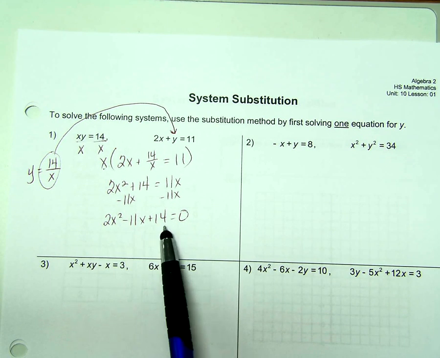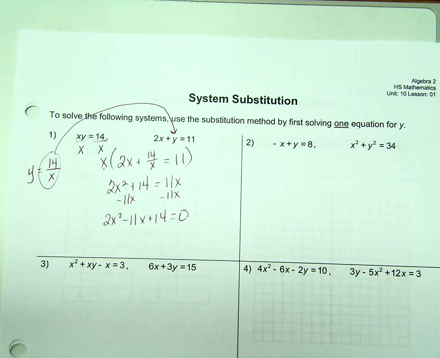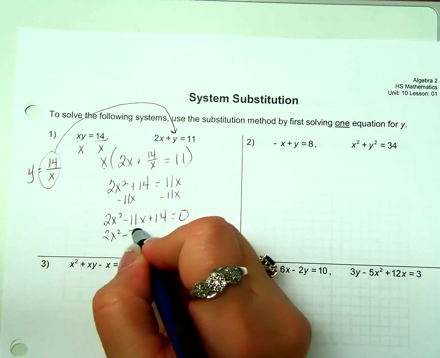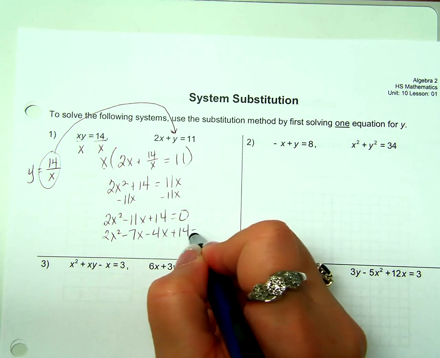What's 2 times 14? 28. Is there two numbers that multiply to be 28 and add to be negative 11? Negative 7 and negative 4. That's absolutely right. 2x squared minus 7x minus 4x plus 14 equals 0.